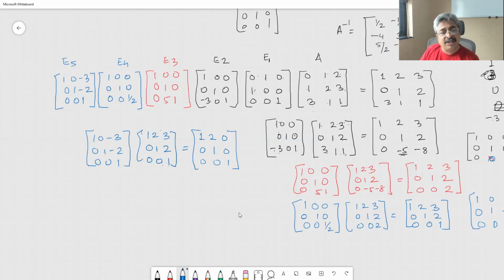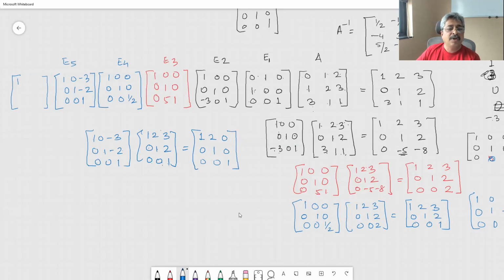Now only one thing which is remaining is to convert this fellow to 0, and our transformation matrix is going to be: multiply second row by minus 2 and add.